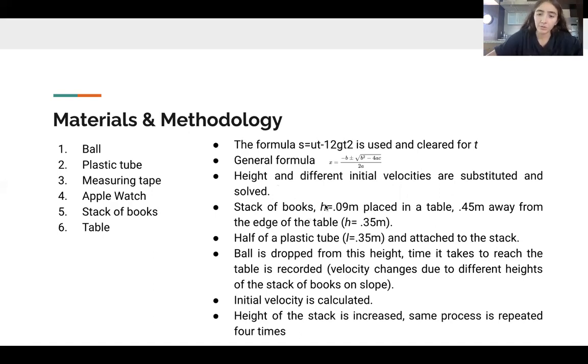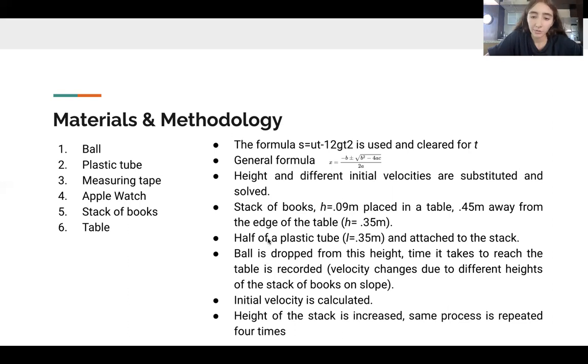The stack of books of a height of 0.09 meters was placed on the table 0.45 meters away, so 45 centimeters away from the edge of the table, which had a height of 0.35 meters.